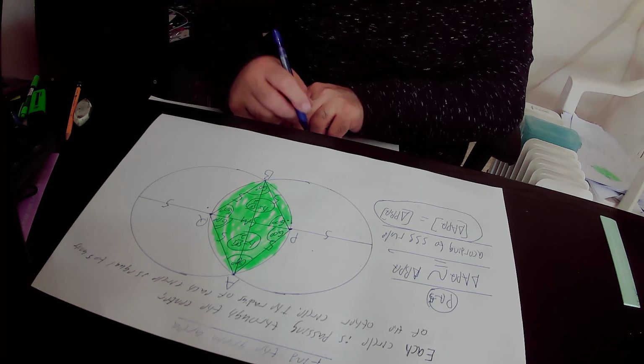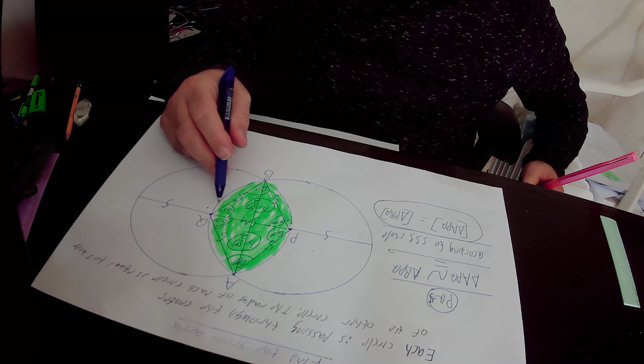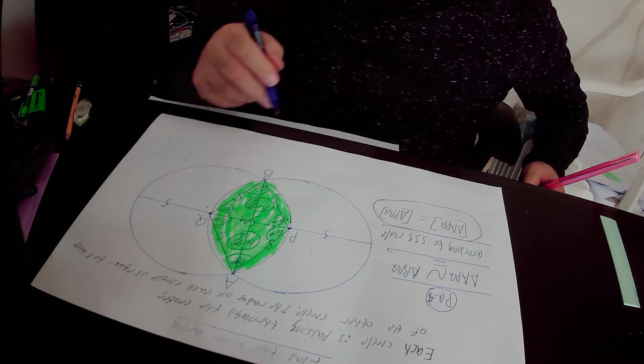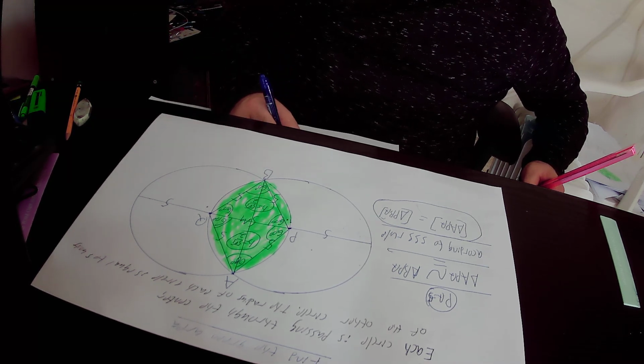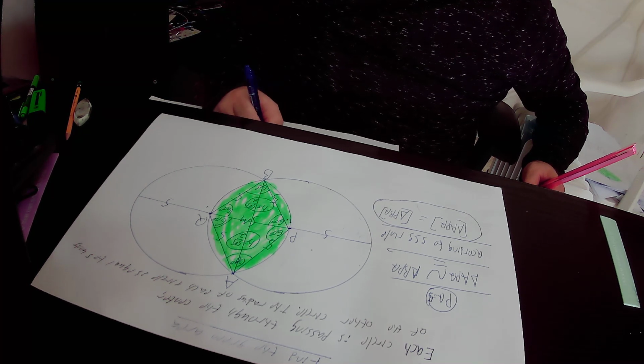The area of segment PB will be equal to the area of sector PQB minus the area of triangle PQB. The area of sector PQB, minus the area of triangle PQB.